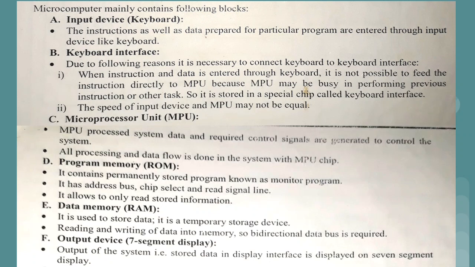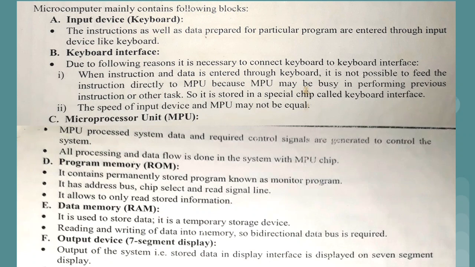There are certain reasons why this component is designed as a part of the microcomputer system. When an instruction or data is entered through the keyboard, it is not possible to feed it directly to the microprocessor, because the microprocessor may be busy performing a previous instruction or other task. So it is stored in a special chip called the keyboard interface.